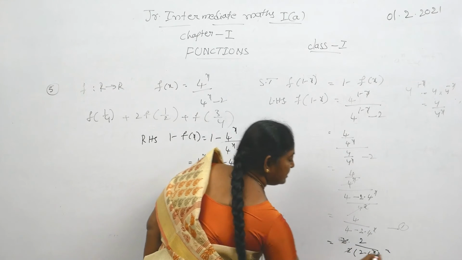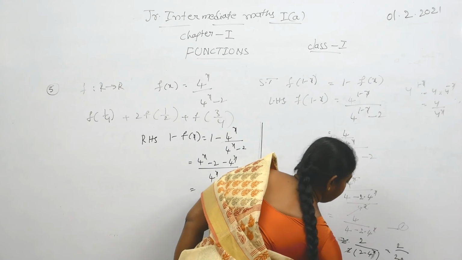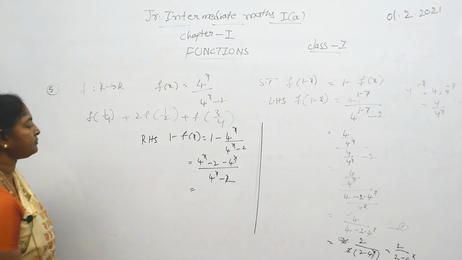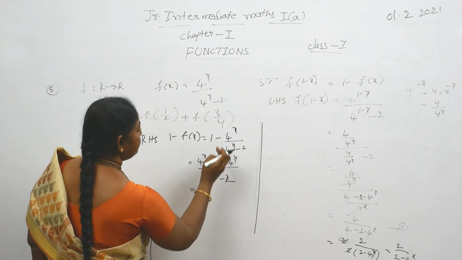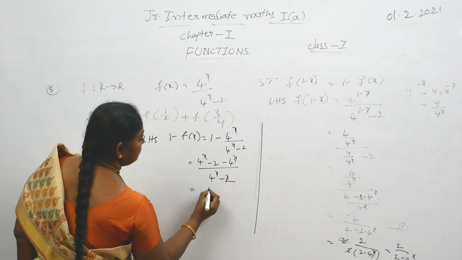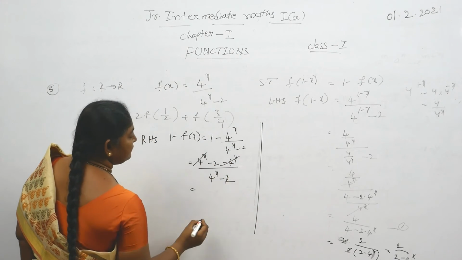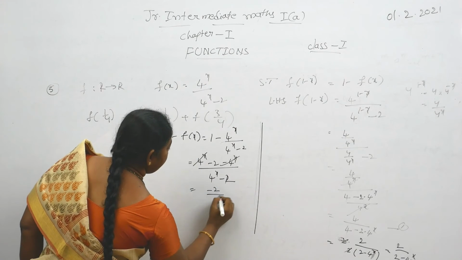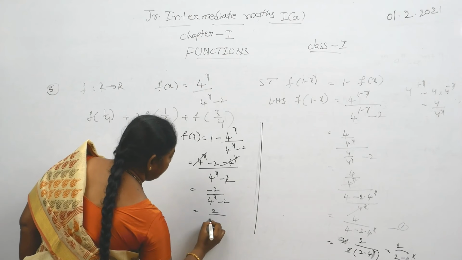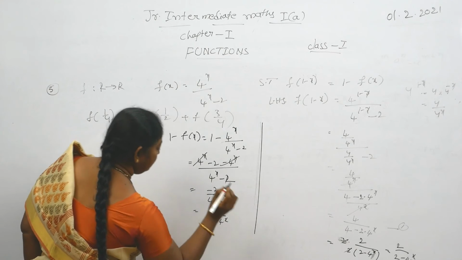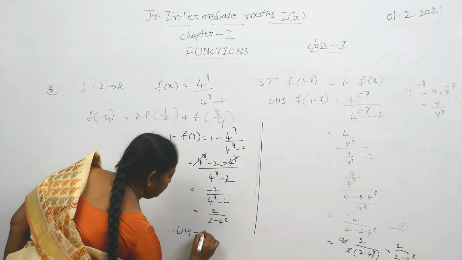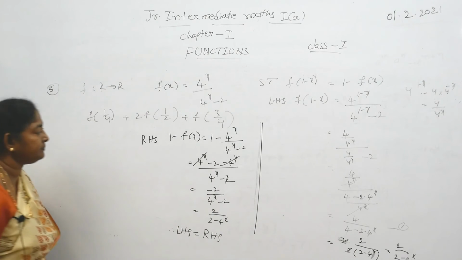Minus 4 power x cancels, so minus 2 by 4 power x minus 2, that equals 2 by 2 minus 4 power x. So therefore LHS equal to RHS.